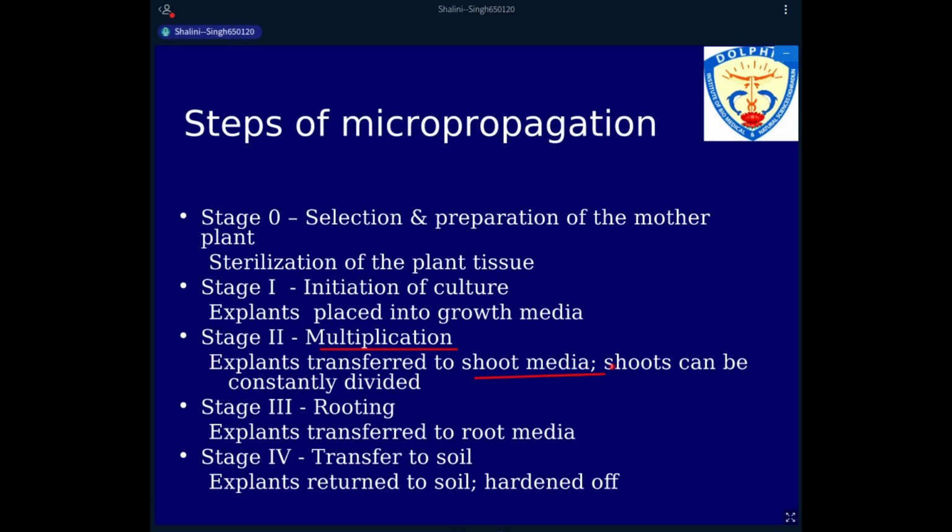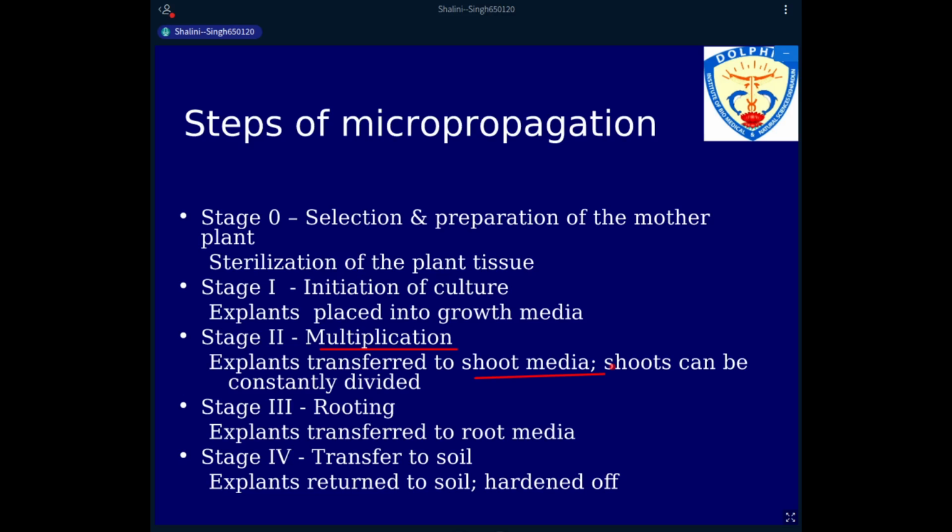With cytokinins, it may have BAP, benzyl aminopurine or benzyl adenine, kinetin or zeatin. Then shoots are constantly dividing, and we can get a number of plants from the single explant.